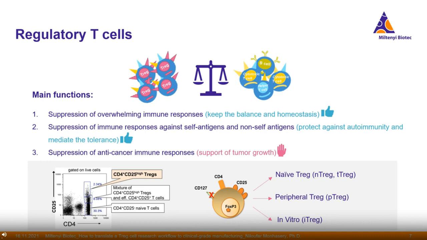And a very important intracellular marker is FOXP3, whose expression of this transcription factor shows the functionality of the Tregs. Also, according to their origin, Tregs can be subdivided into three groups: naive Tregs, peripheral Tregs, and in vitro Tregs.